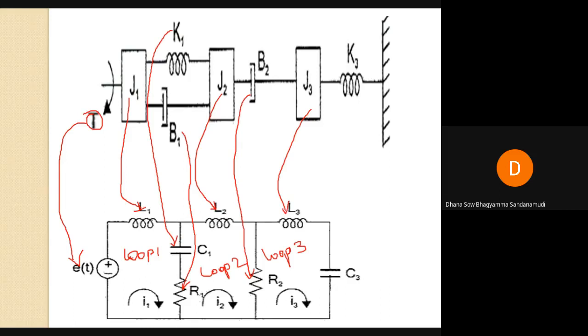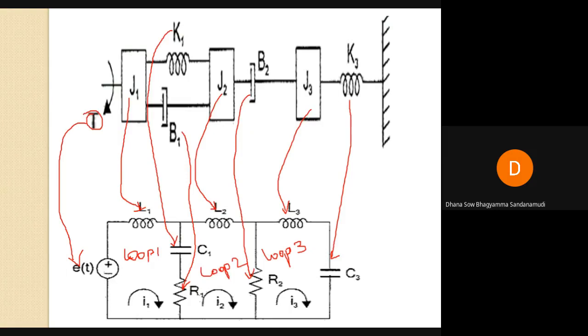K3. K3 is connected to this J3 and there is a reference. So K3 is a capacitor, because K3 is analogous to 1 by C3.